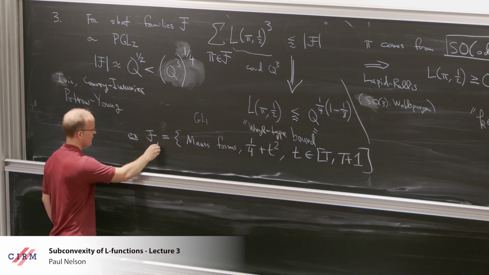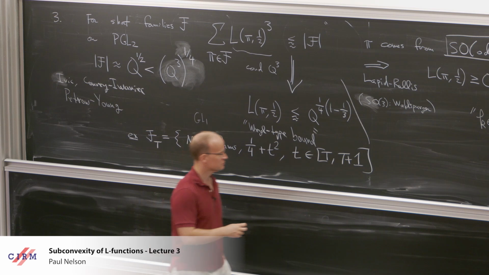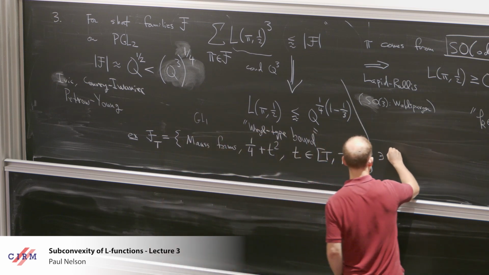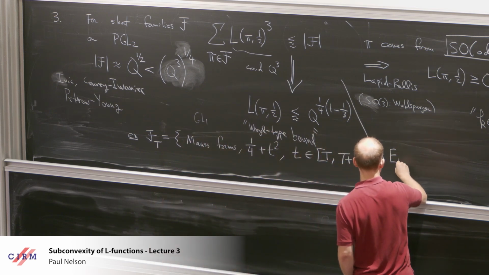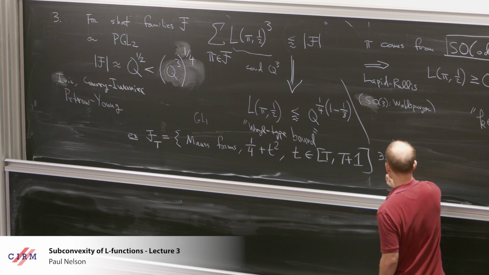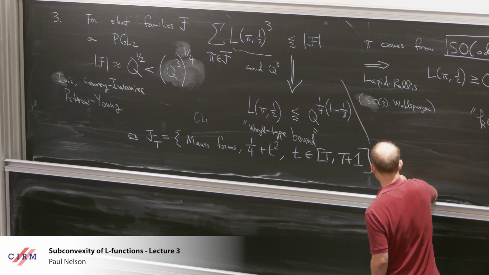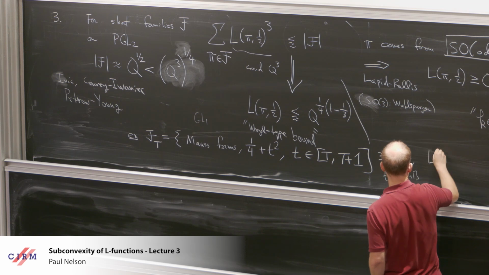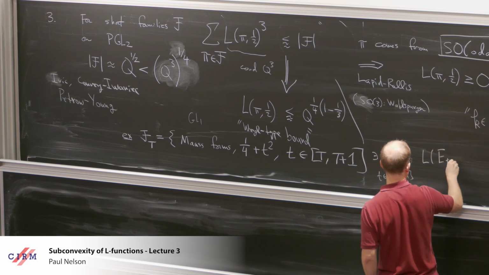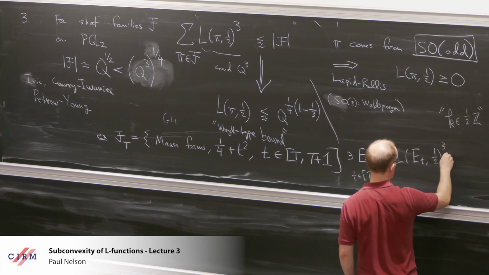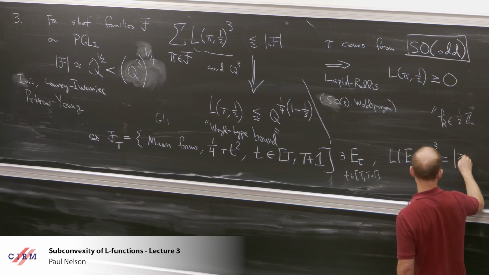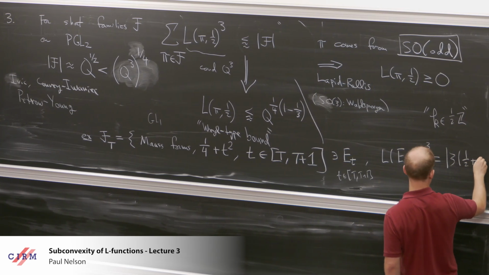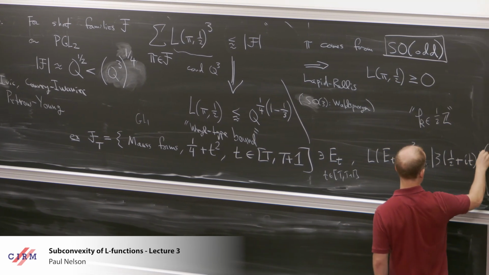Maybe we call that FT for emphasis. This contains in particular the Eisenstein series ET, provided that T is in this interval. And for this one, the L function at 1/2 cubed is just the 6th power of the zeta function.